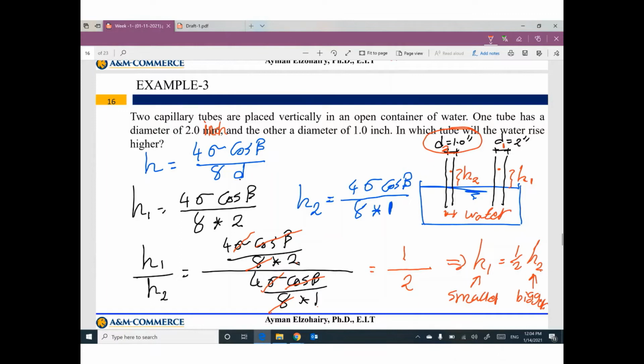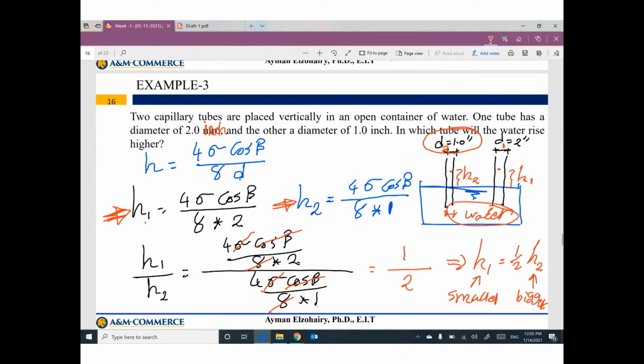I can prove this mathematically using these steps. One more time. I figured out an expression for H1, another expression for H2. I divided H1 by H2 and I cancelled many terms. Why did I cancel these terms? Because we have the same liquid, the same water.